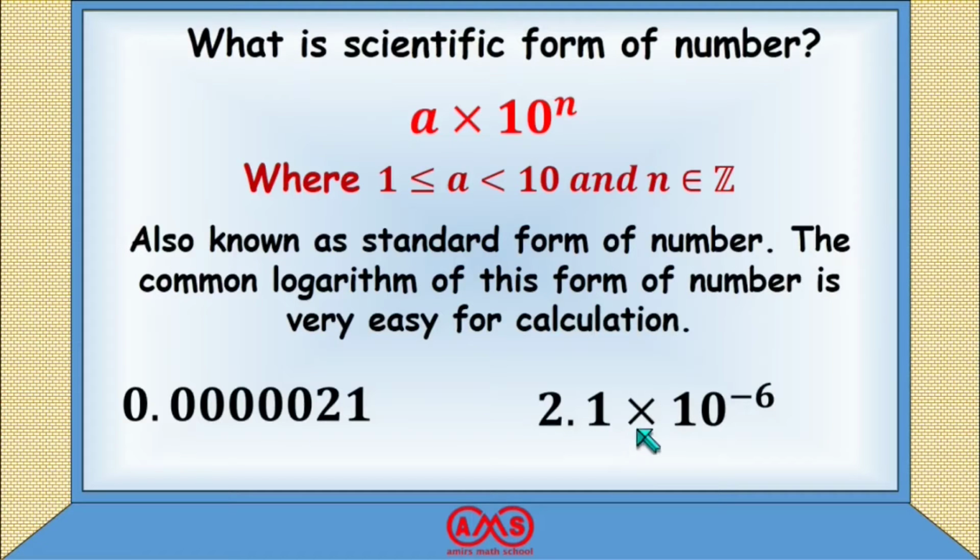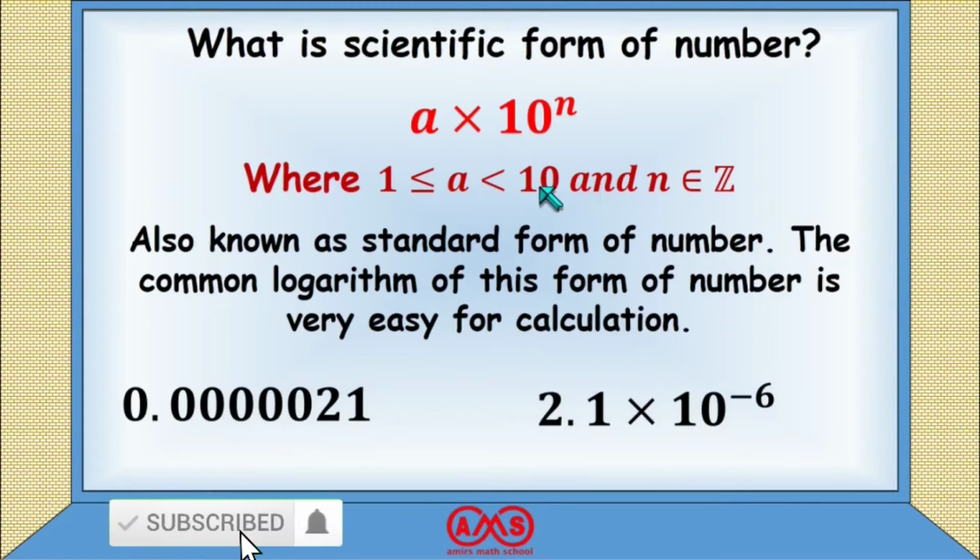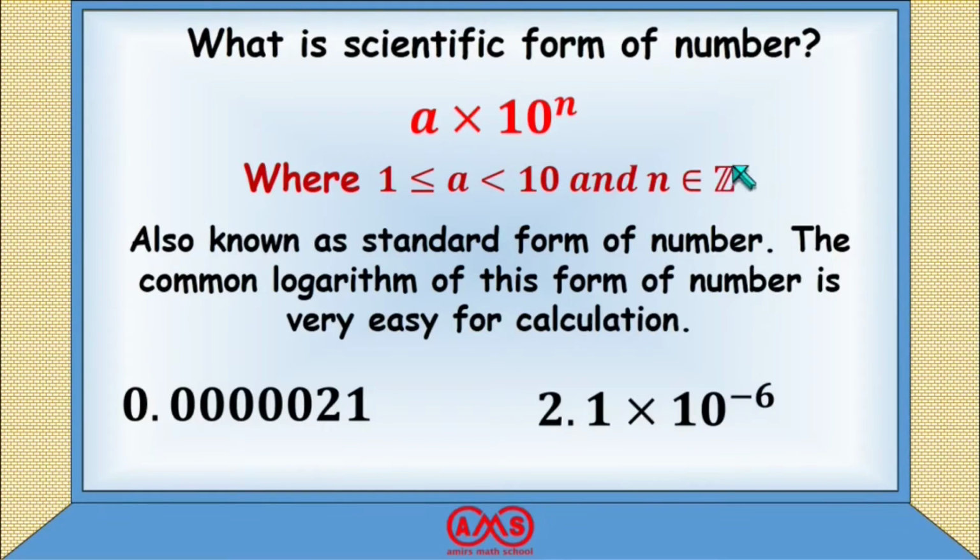That is 2.1 into 10 to the power minus 6. This value 2.1 must be between 1 and 10, including 1, and n should be an integer belonging to the set of integers Z. So this number can be written as 2.1 into 10 to the power minus 6. This form is called the scientific form or standard form of a number.